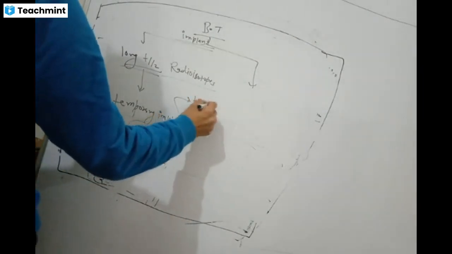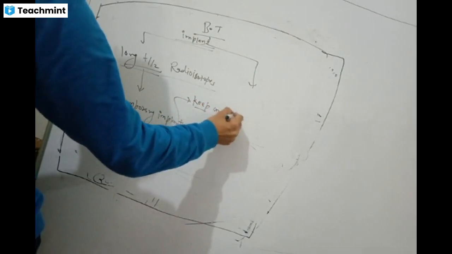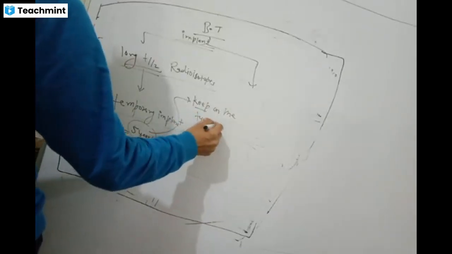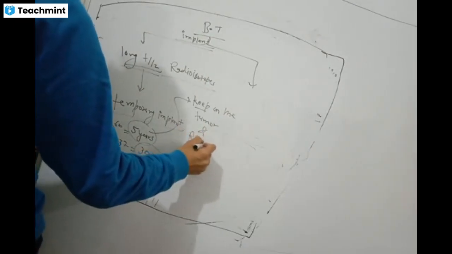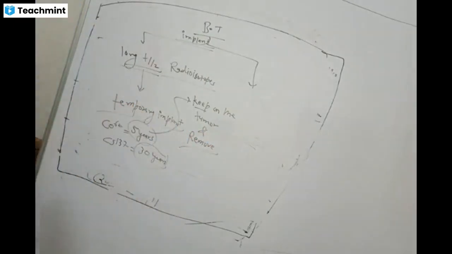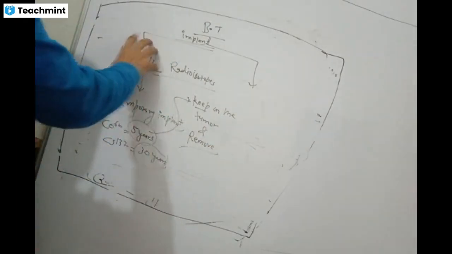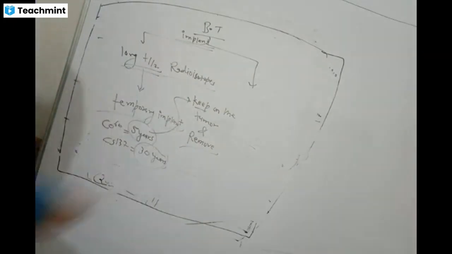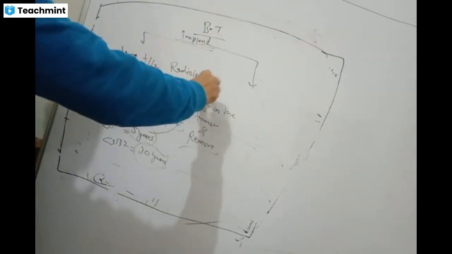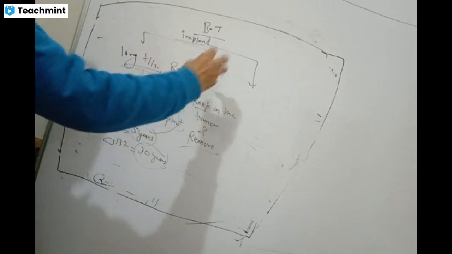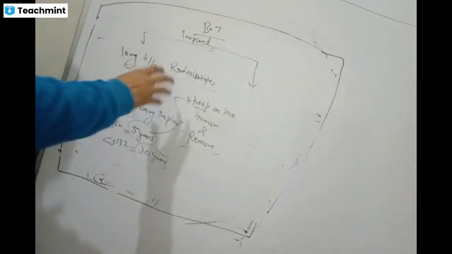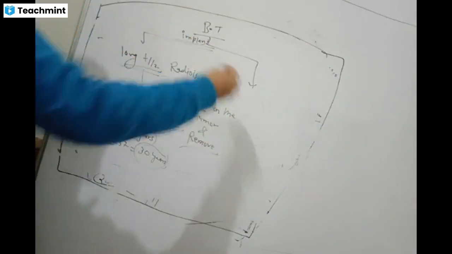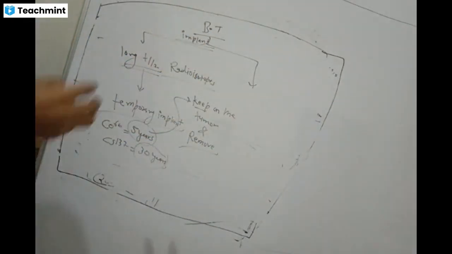So what we do is keep these on the tumor, and after giving a particular dose, we remove them. This is known as temporary use of a long half-life radioisotope. We just keep it on the tumor, and once the adequate dose is given, we remove it and send the patient home. The next day, again keep it on the tumor, then remove.